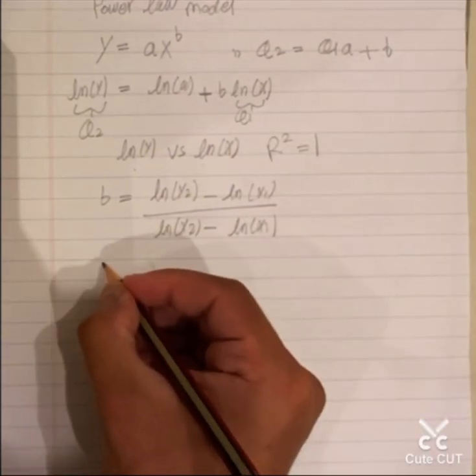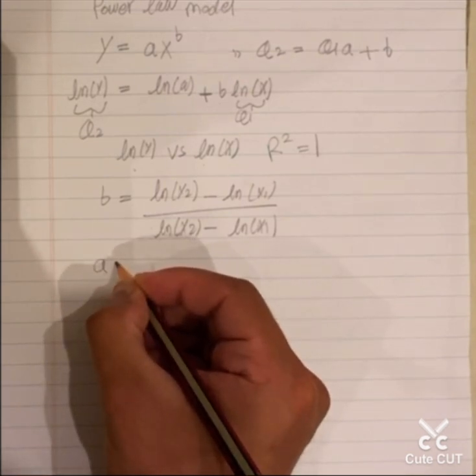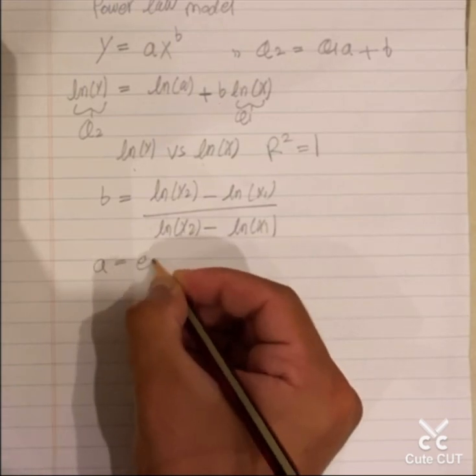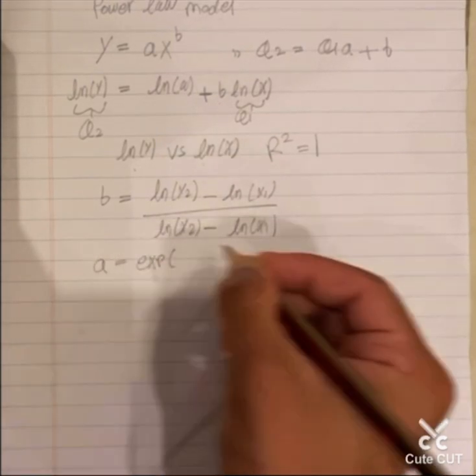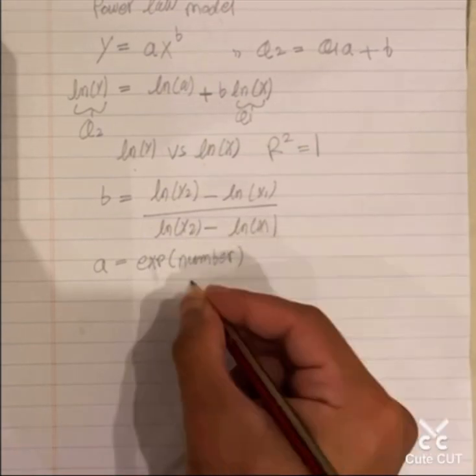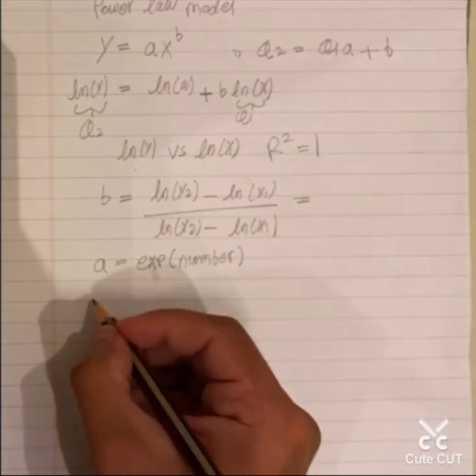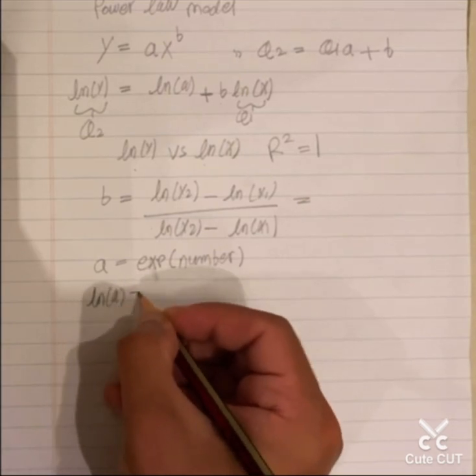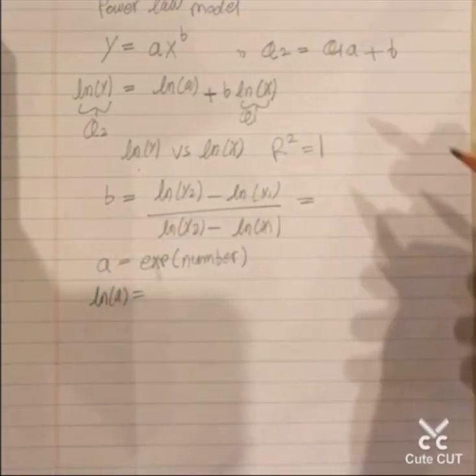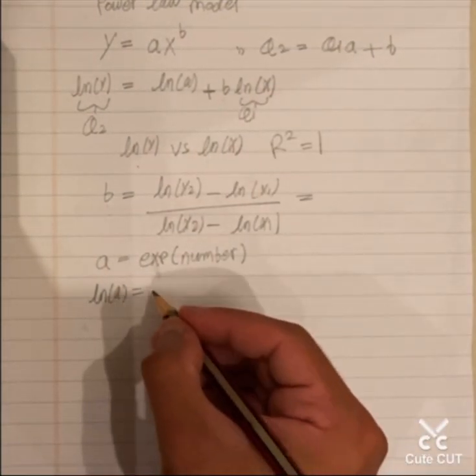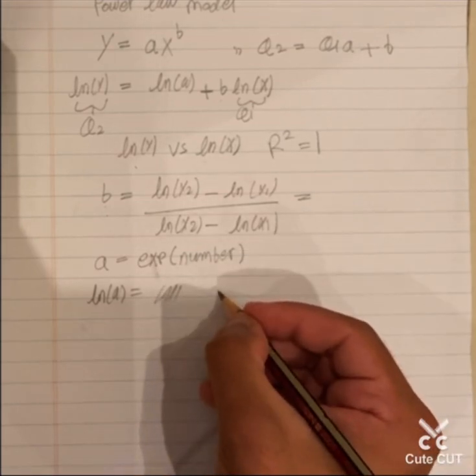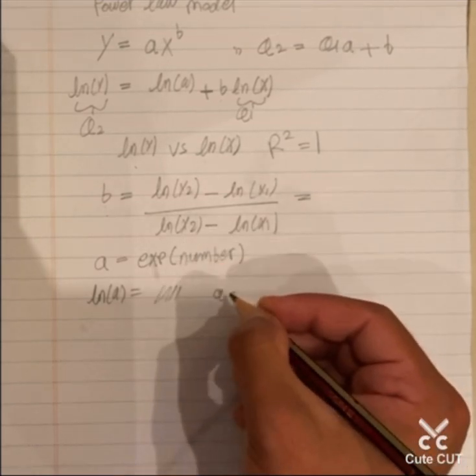What about a? A will be something like, in this case, exponent, as we found before, exponent to the power number, in which we know this number, by the way, right? Because ln a equal to a certain number, we will find it using b and then using two data or one of the datas. And then if you find a, some number here, you will say a equal to exponent of that number.